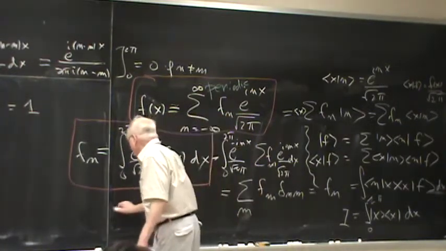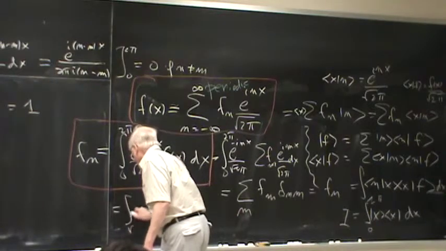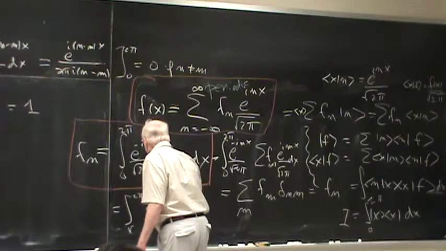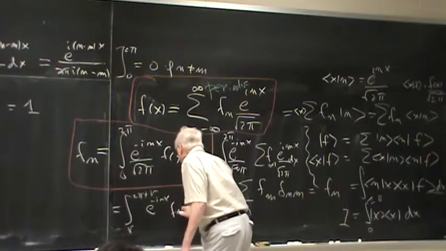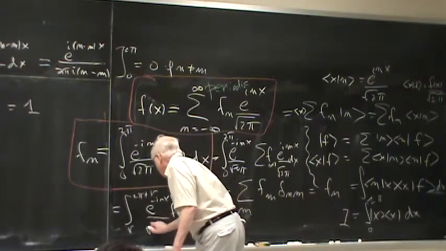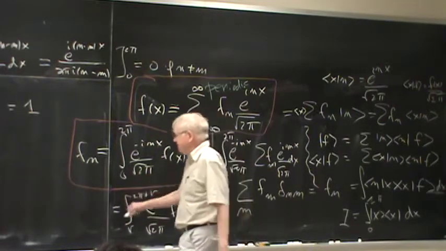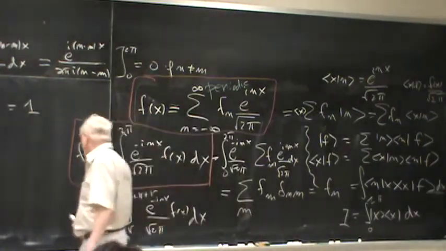In other words, we could also integrate from r to 2 pi plus r of e to the minus i n x, f of x, over square root of 2 pi, dx. So it's the same thing.